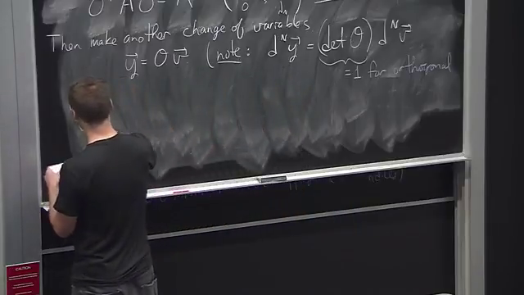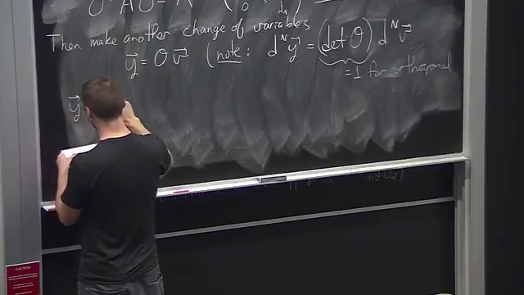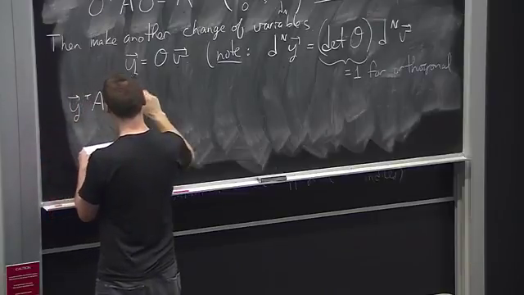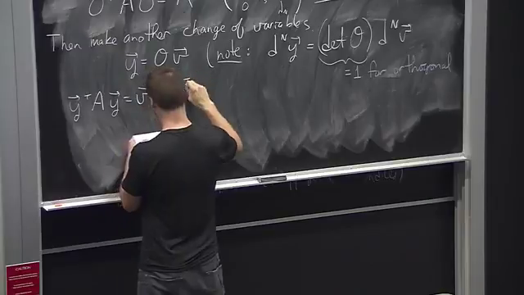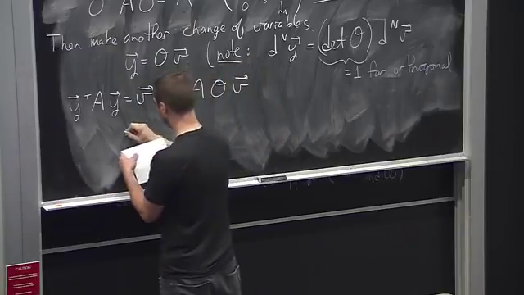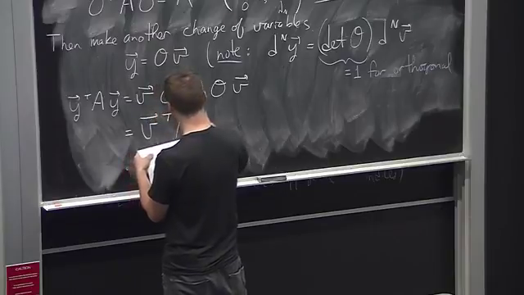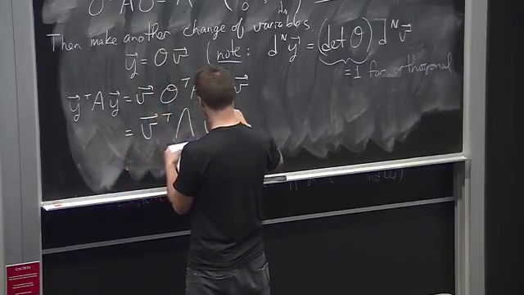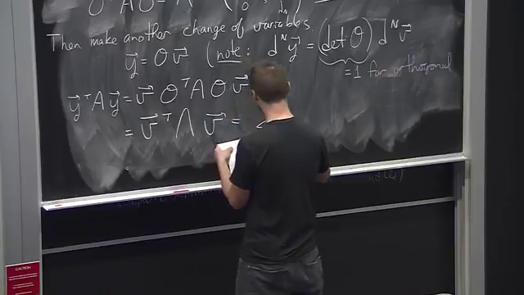Okay, so then, just to finish off, write it like this. Lambda, which is diagonal, so we just have a sum.